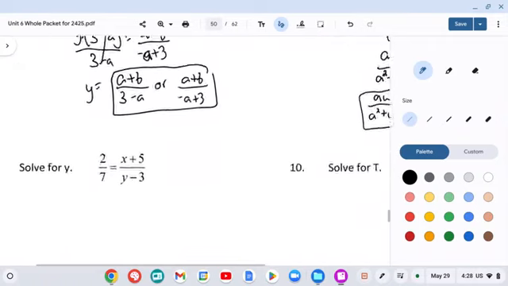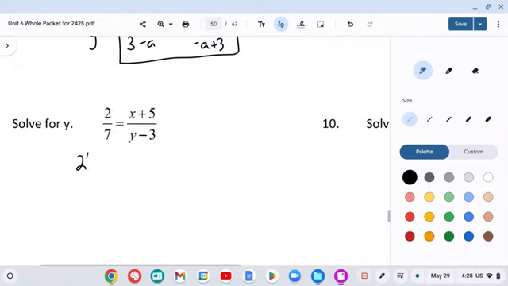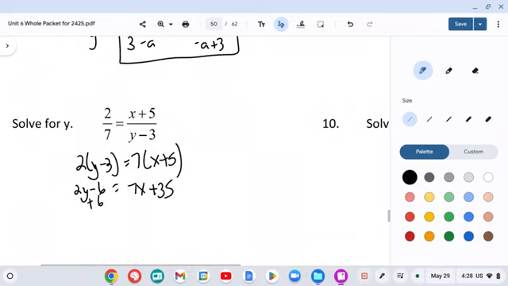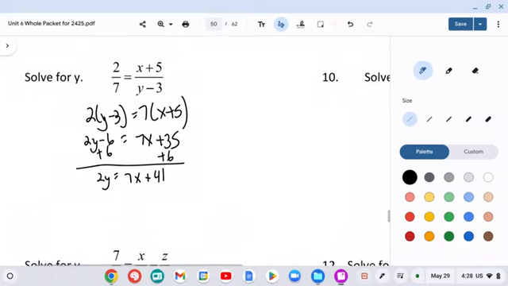9, we did one like this up above. I'm going to go quick on this. This would be a cross multiply one. And then it becomes a normal one where you move all of your numbers to one side, all of the variables that you're trying to get by itself to the other, and then you divide by 2.